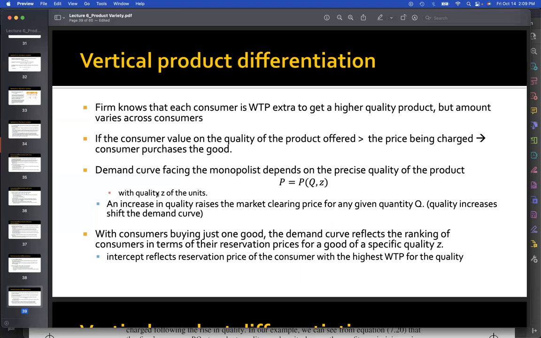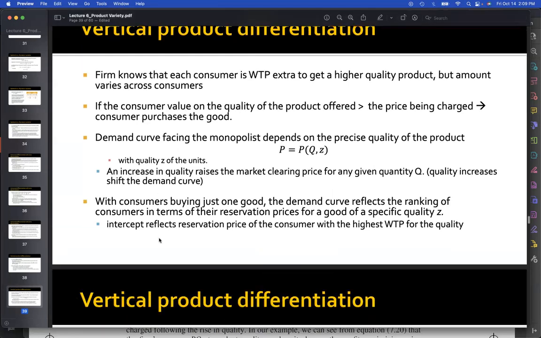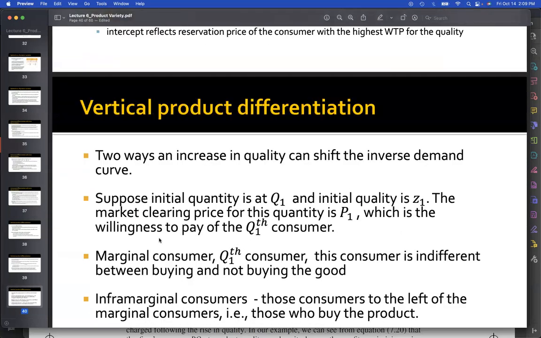An increase in quality raises the market clearing price for any given quantity, with consumers buying just one good. The demand curve reflects the ranking of consumers in terms of their reservation prices for a good of a specific quality Z. The intercept reflects the reservation price of the consumer with the highest willingness to pay for the quality. There are two ways an increase in quality can shift the inverse demand curve.